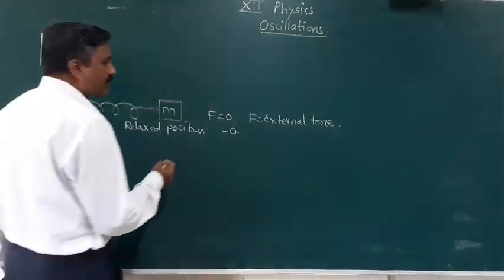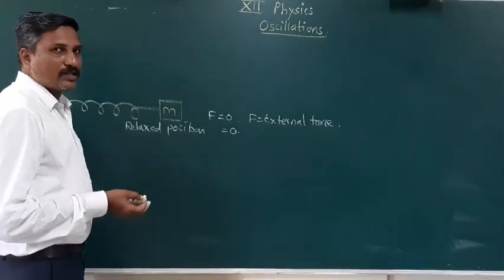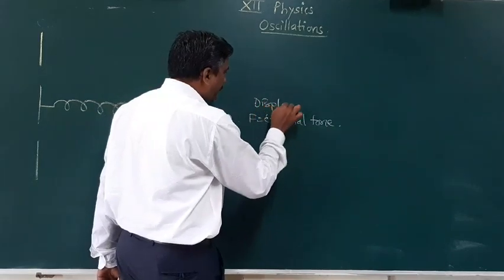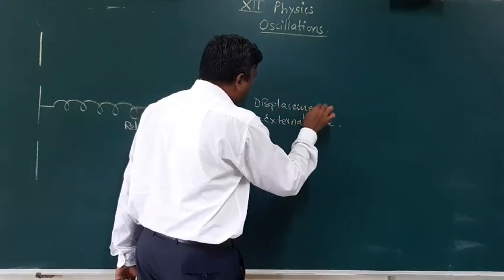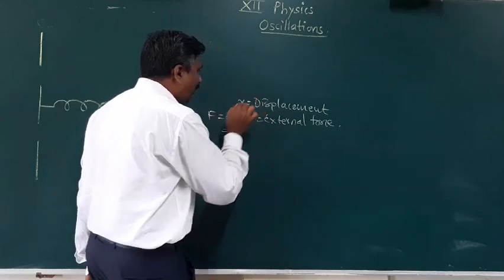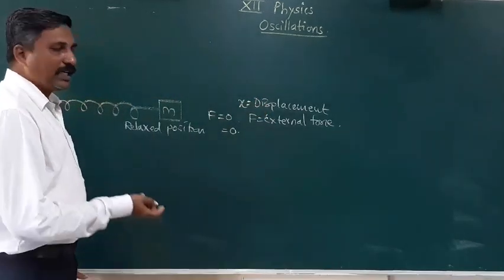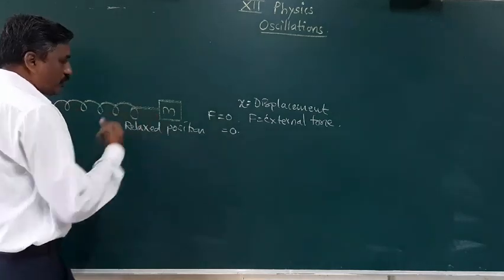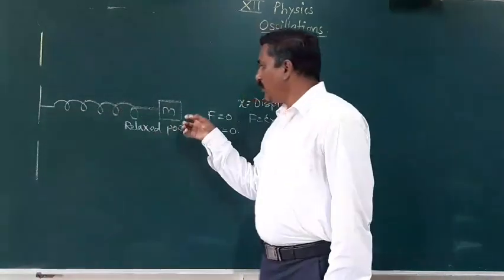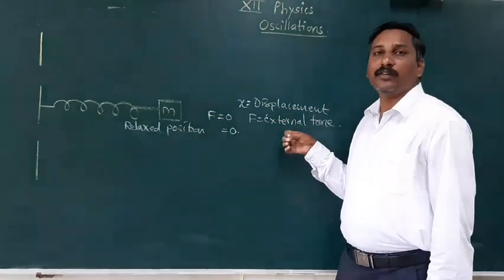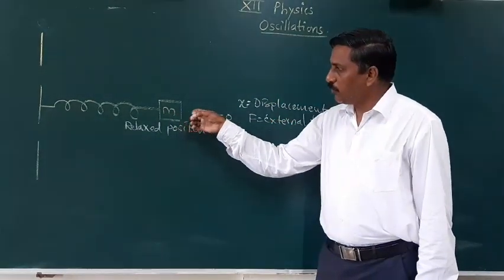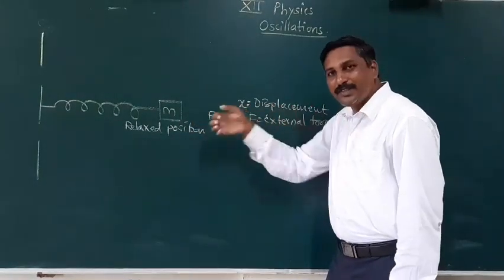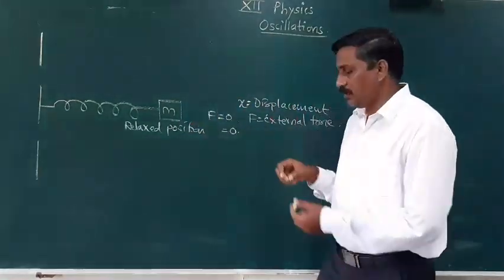If the external force is 0, obviously the displacement, which will be symbolically expressed by x, is also 0. Now, I apply force on this block towards the right, with my hands.